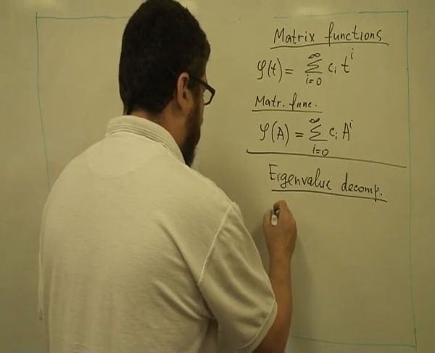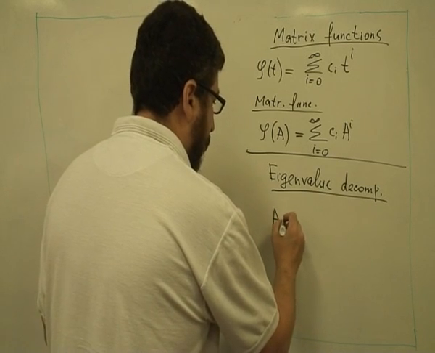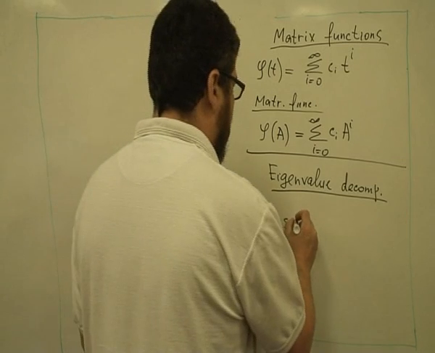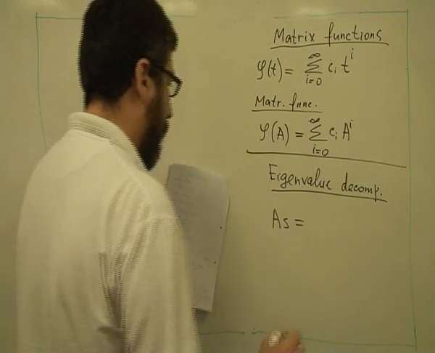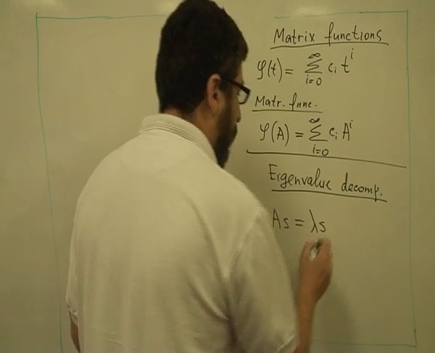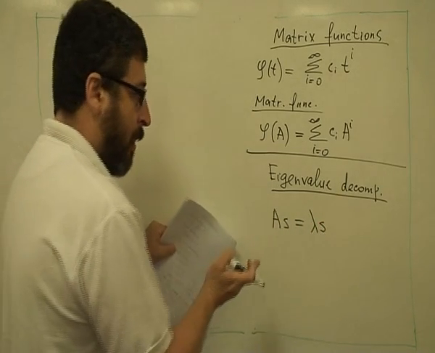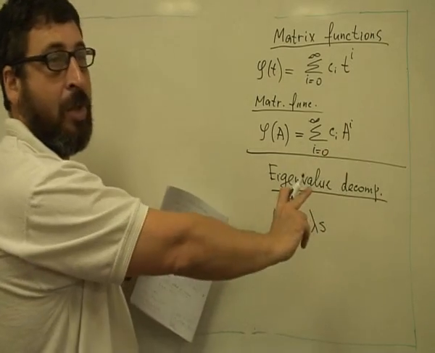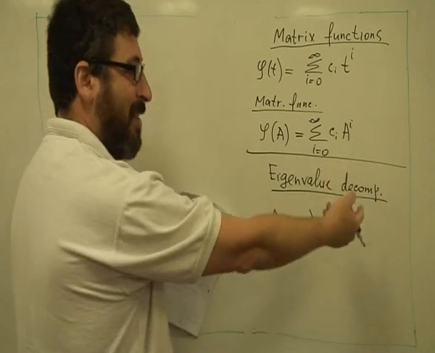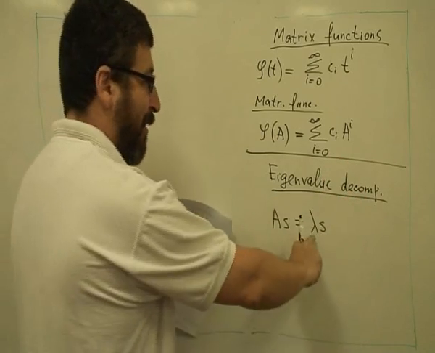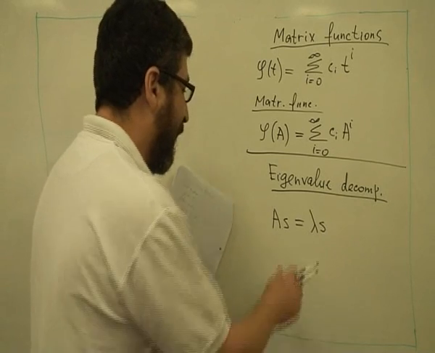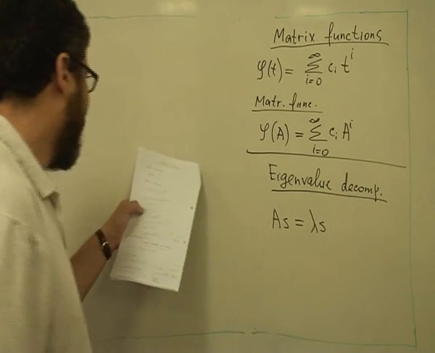If I have a matrix A and multiply it by some vector S, and this is equivalent to multiplying S by some number, meaning it doesn't change direction, it only changes length, and probably flips direction to the opposite, so lambda may not only be positive, then S is an eigenvector.